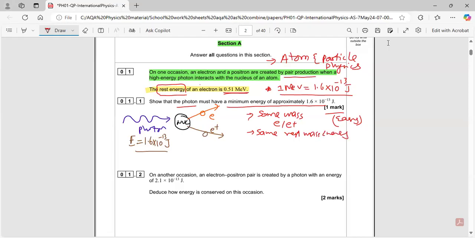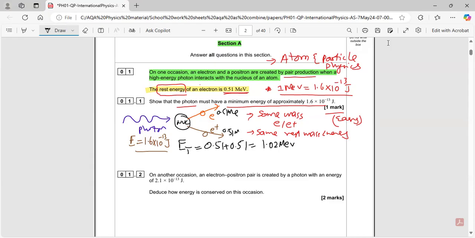It means both of them have the same amount of energy, which is 0.51 MeV and 0.51 MeV. So the total energy is 0.51 plus 0.51, which is 1.02 mega electron volt.